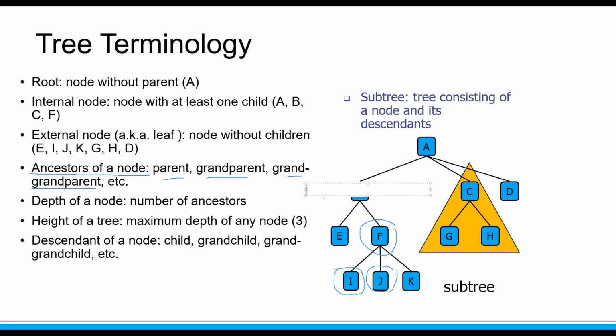B is the grandparent of J. And what about A? A is also an ancestor. So you can see the structure. If it is going up and up and up, we can see them as the ancestors.